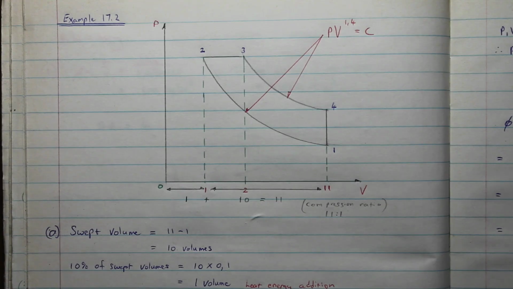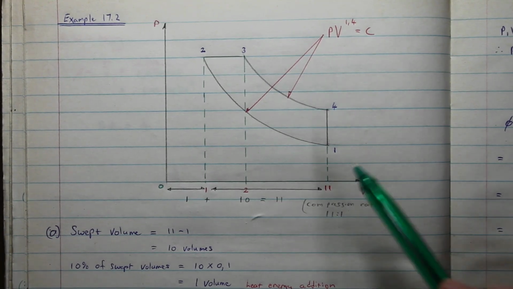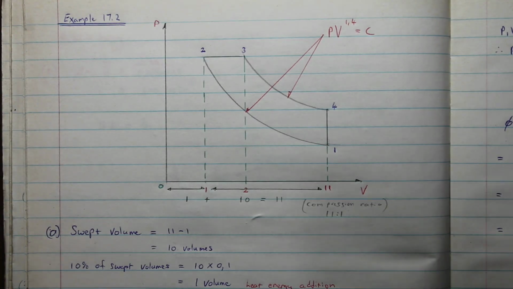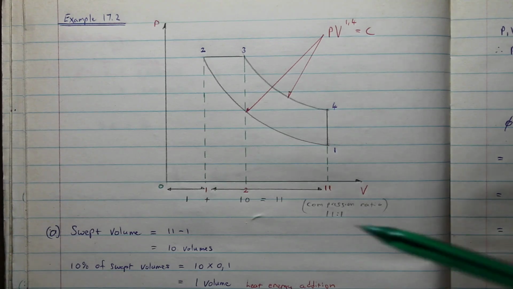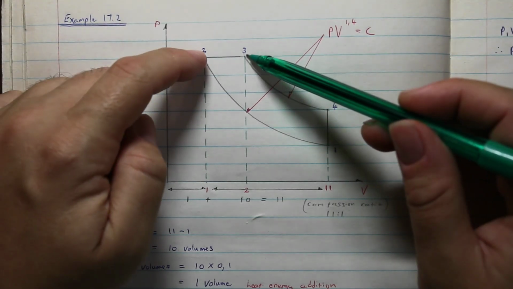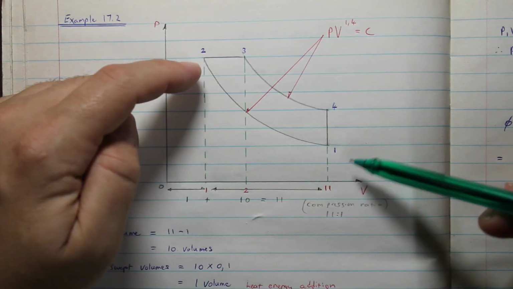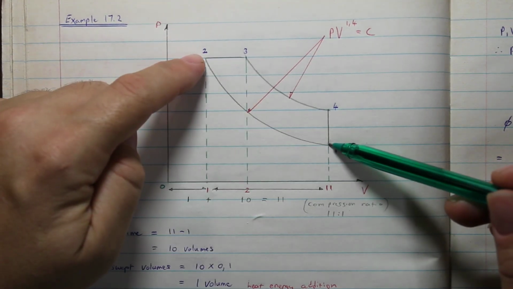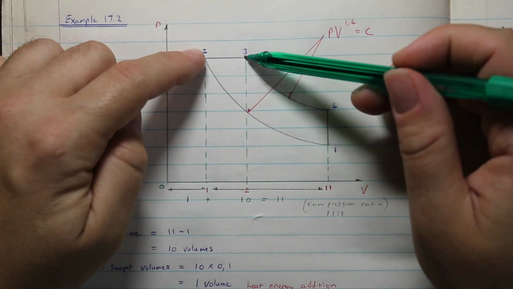Then it says that 10% of that swept volume is when heat is added into the system. Heat is added at constant pressure, so this is when the diesel is injected, and that's over there. So what is 10% or 0.1 of 10 volumes? That'll be just 1 volume.